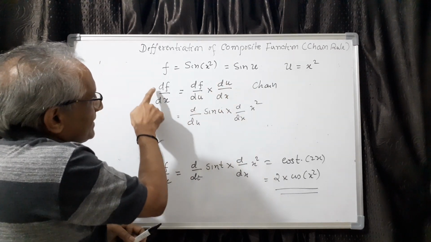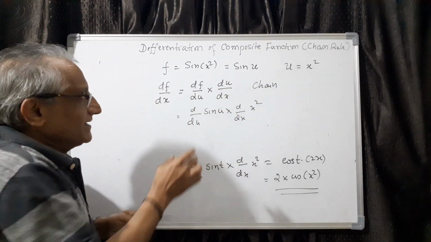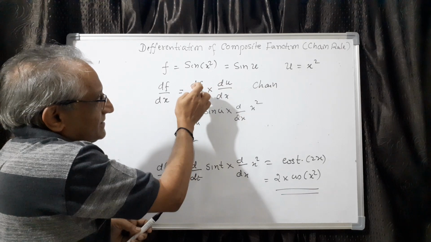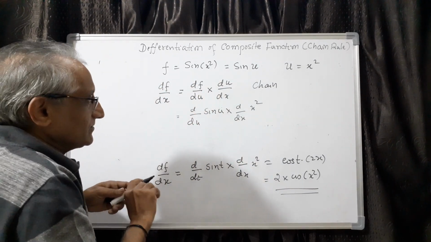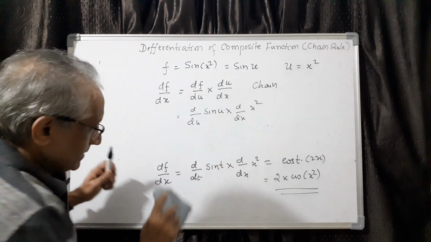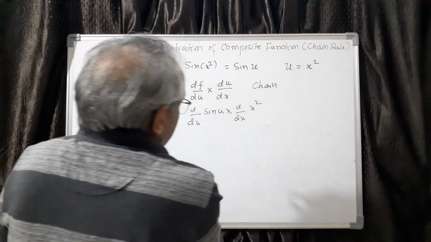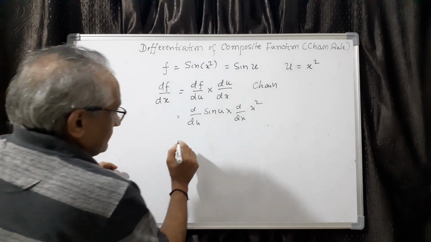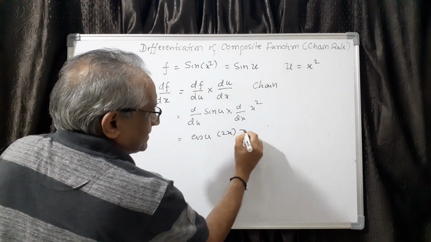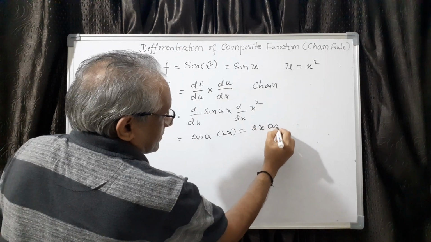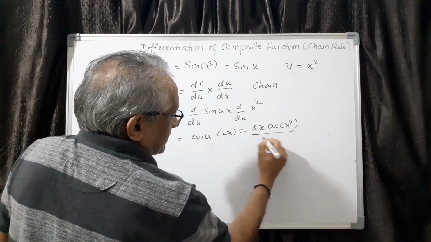It is not correct, but it is something like when cancelling du, you get df by dx. That is the idea you have to remember, so that it is easy to go through the examples. So now this will be equal to cos u, and we have done this, so 2x. So you get the same answer: 2x into cos of x square is the answer.